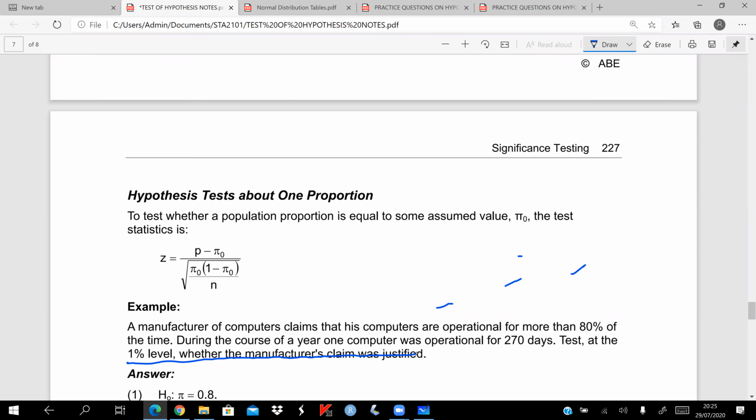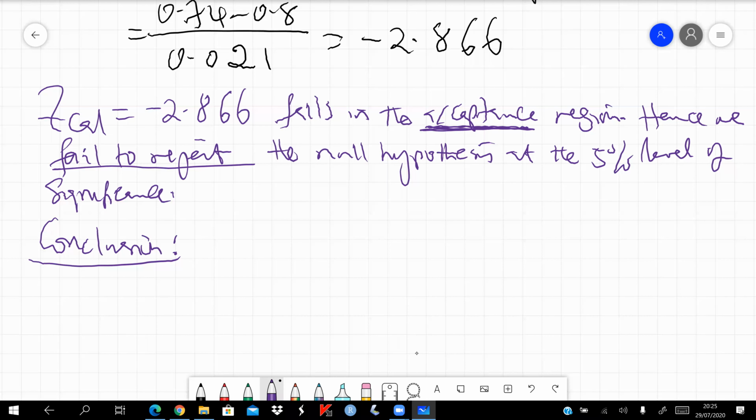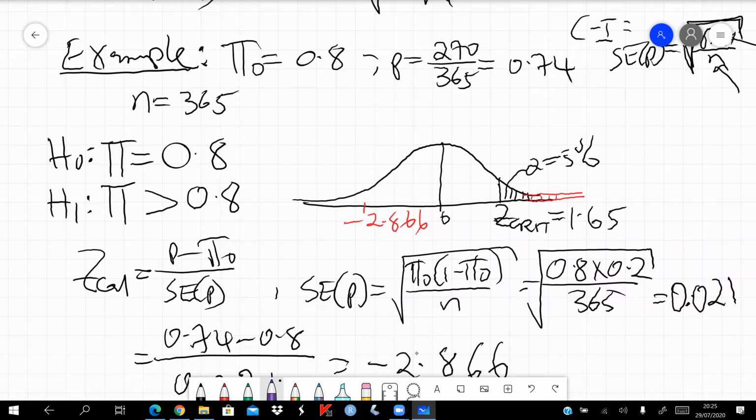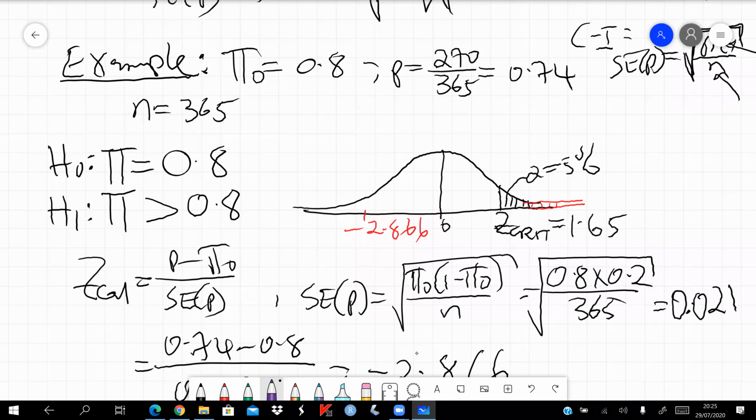So is the guy justified? Let me take you back to the hypothesis. This is what we have done, isn't it?